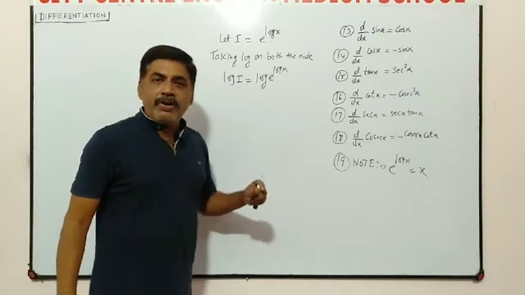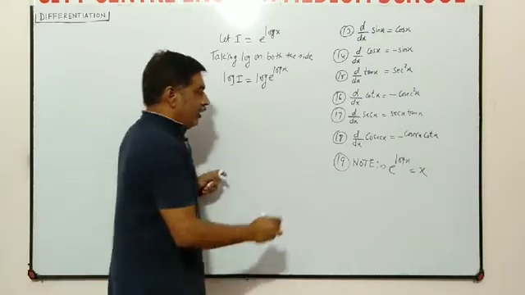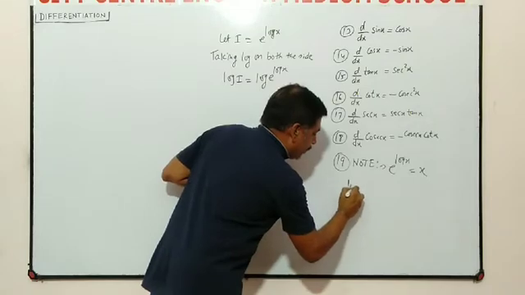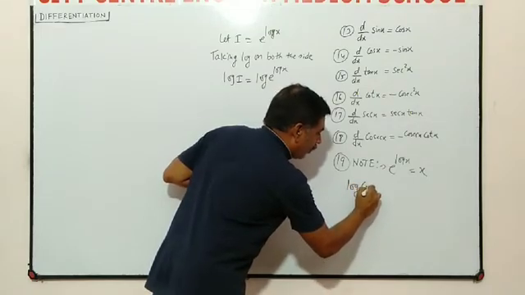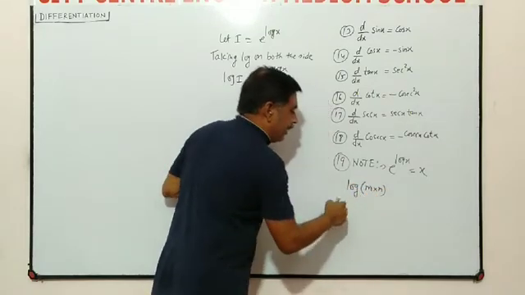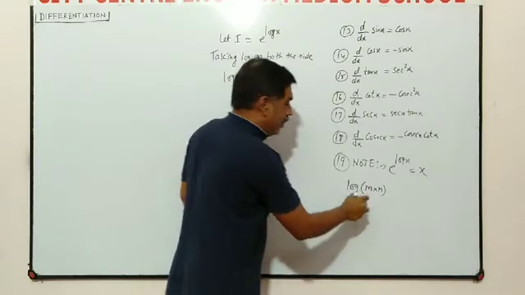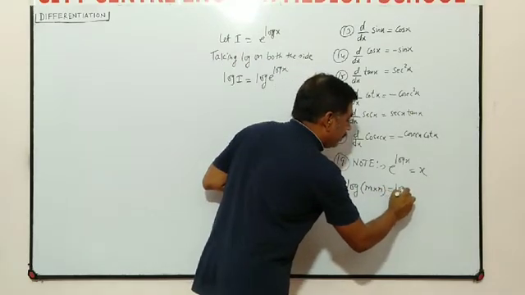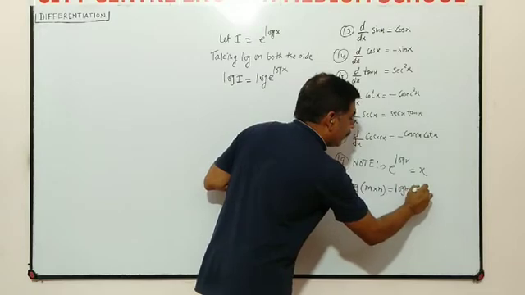Now apply the laws of log. We should know the laws of log. So log m into n, the base is always e, is equal to log m plus log n.